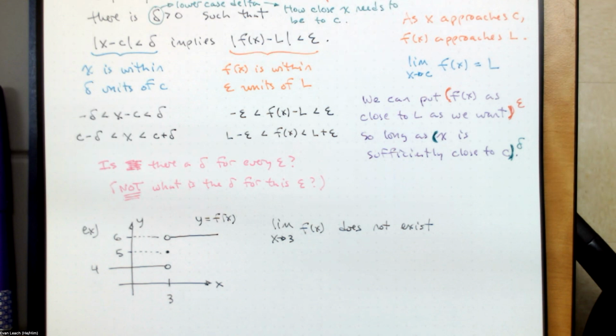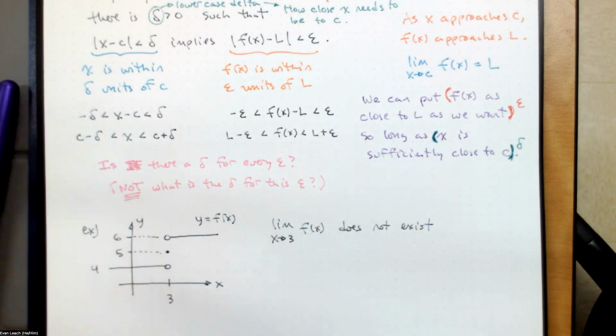So we'll appeal to our definition. We can make f of x as close to L as we want, so long as x is sufficiently close to 3. I can't make f of x within 0.5 units of 5. So 5 is not a candidate for a limit.